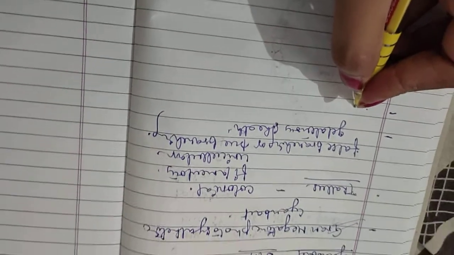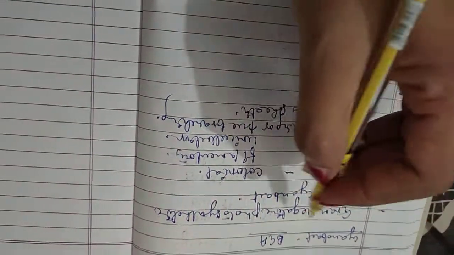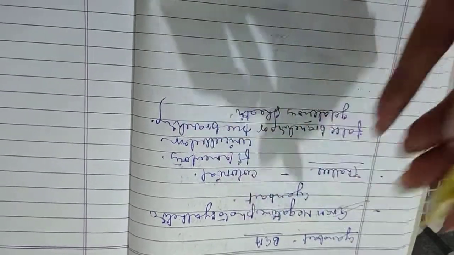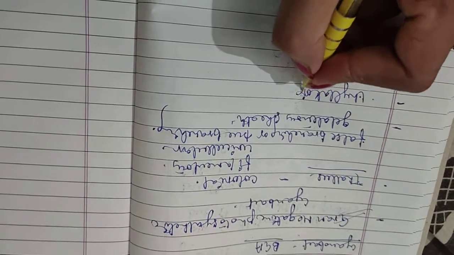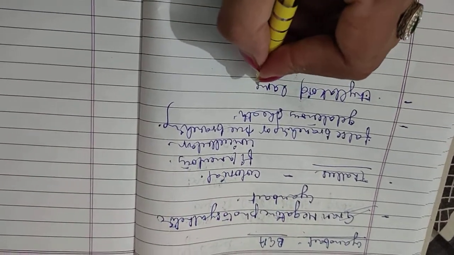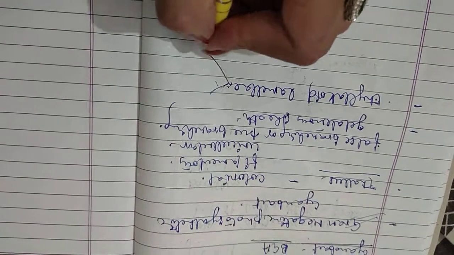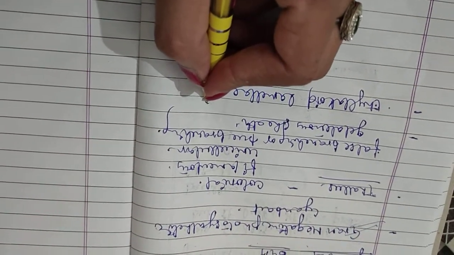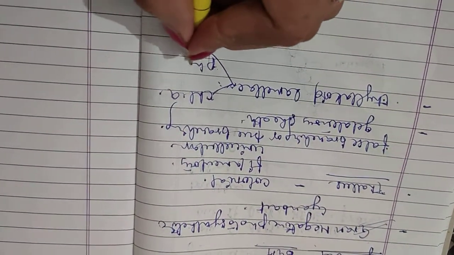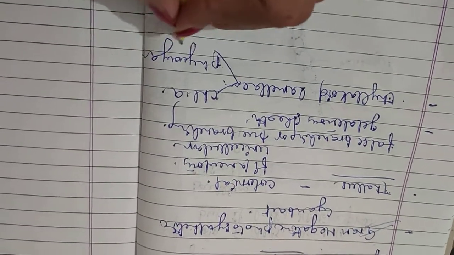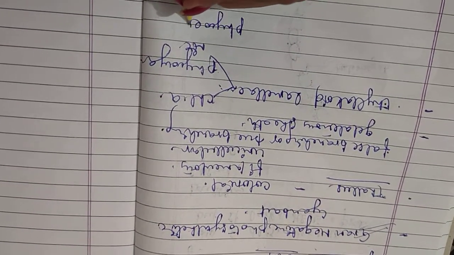But as I told you, most of them are photosynthetic, that's why the name is cyanobacteria or blue green algae, because there are thylakoid lamellae in them, and the thylakoid lamellae have pigments, which include chlorophyll A, phycocyanin and phycoerythrin.